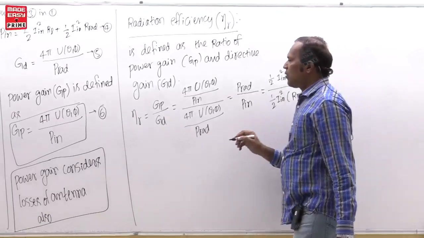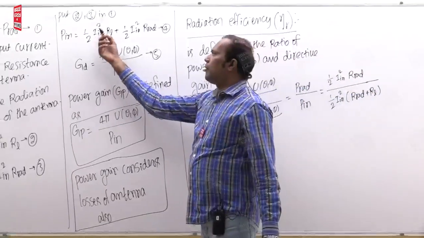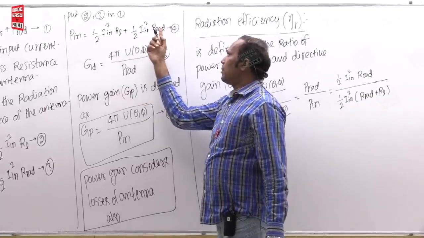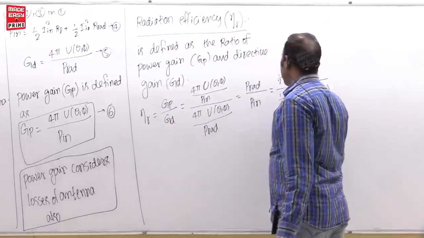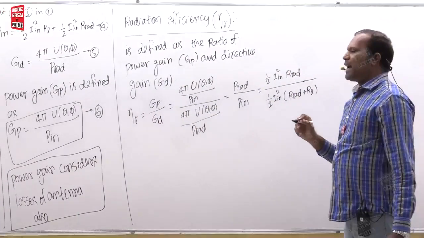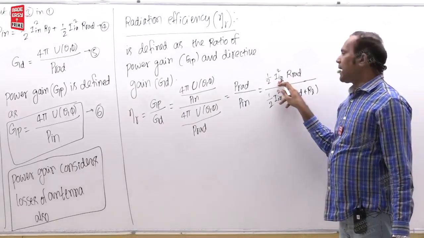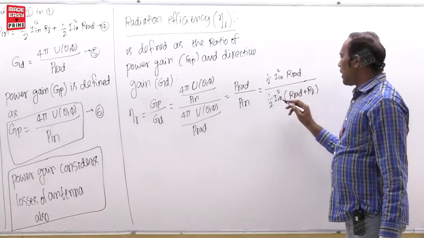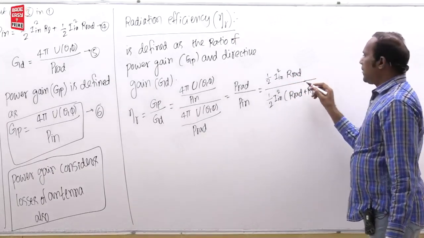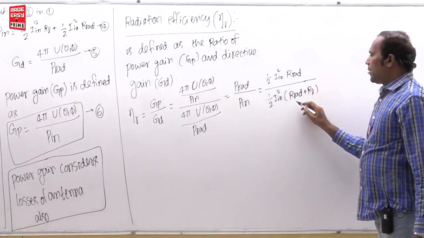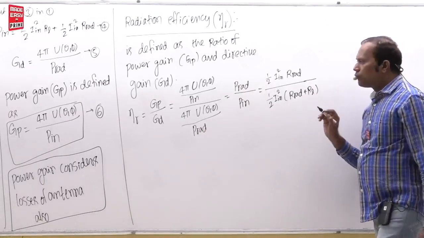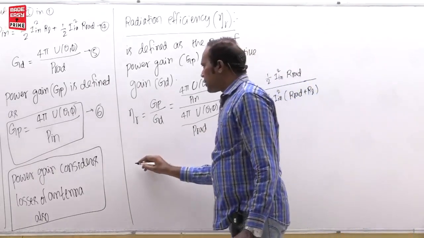You have seen in this formula that half I_in squared is common. Here I_in is the maximum input current, which I was calling earlier I naught or I_M. So half I_in squared cancels, and ultimately you get R radiated divided by R radiated plus R_L. I am putting this in a box now.